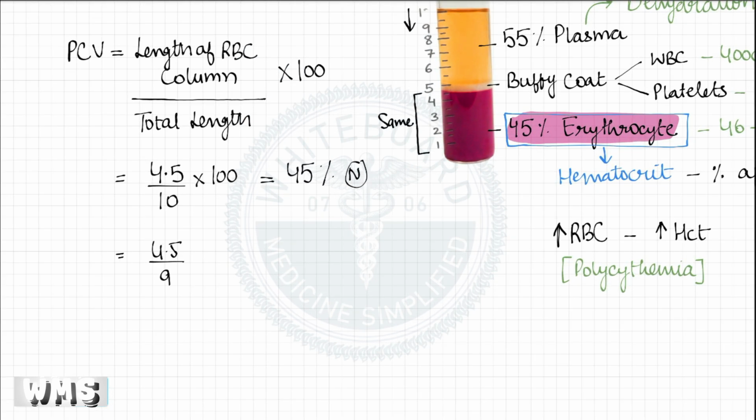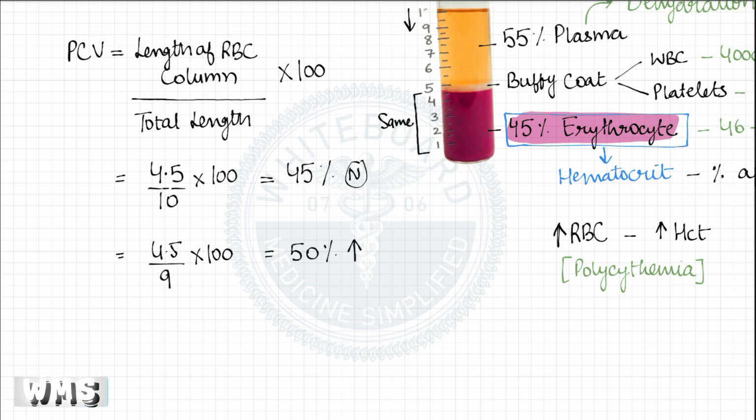In this case, the PCV is increased even though the actual number of RBCs did not increase. That's why we always interpret hematocrit together with hemoglobin and RBC count, to know whether the change is due to actual RBC loss or just a change in plasma volume.